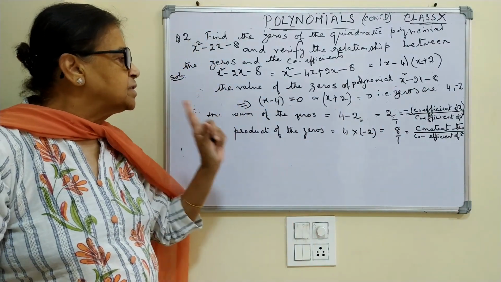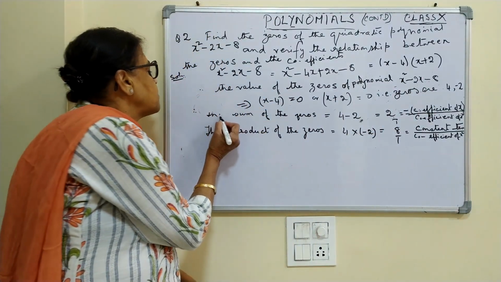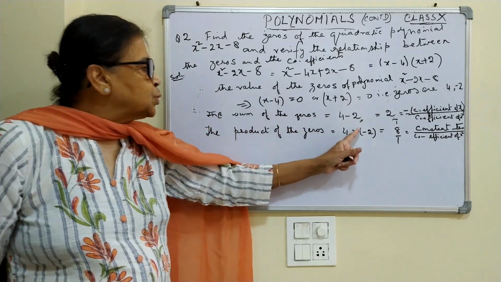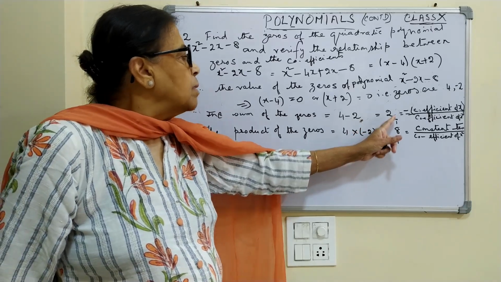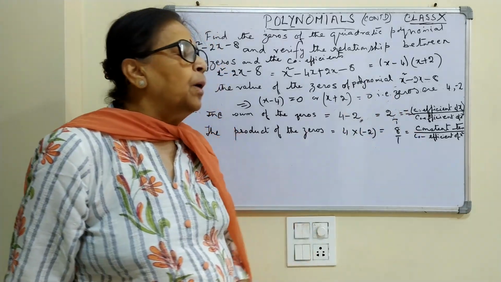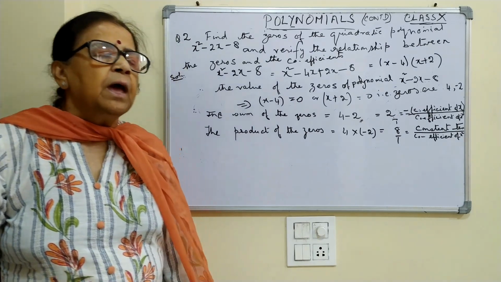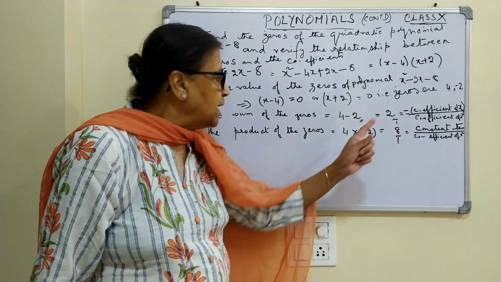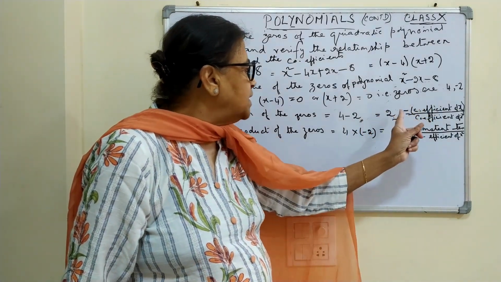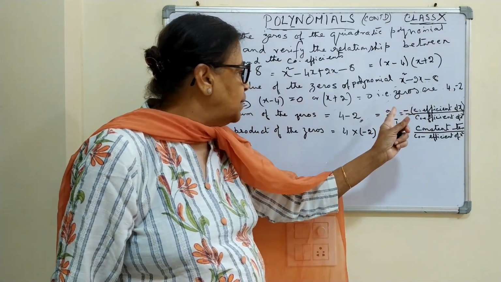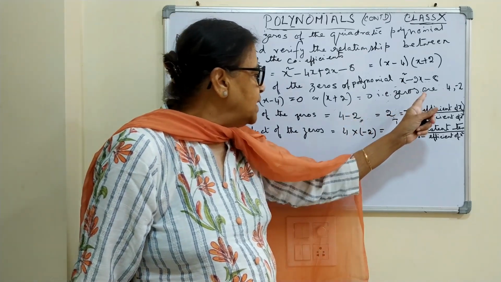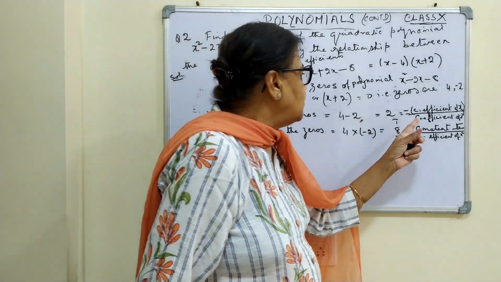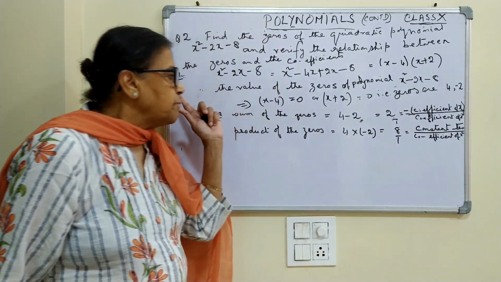The sum of the zeros is 4 minus 2, that is equal to 2. What is the theorem? It is minus b divided by a. The b is minus 2 here, so minus of minus 2, divided by the coefficient of x square, which is 1.